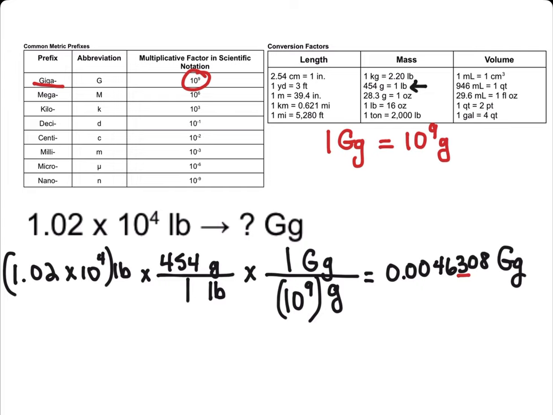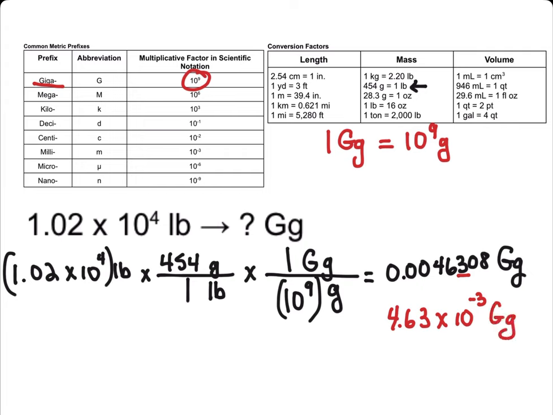The number next to the 3 is less than 5, so I keep my underlined number at rest. So I'm going to use the digits 4, 6, and 3, but I'm going to rearrange that into a different way of writing that. 4.63 times 10 to the power of negative 3 gigagrams.